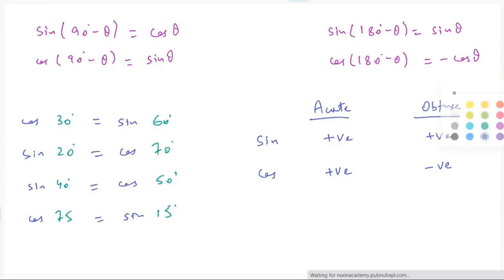If we have, for instance, sine of an acute angle, sine of let's say 50 degrees, ये हमें पता है कि this is equal to some value, right? So sine of 50 degrees, let me see what that is.